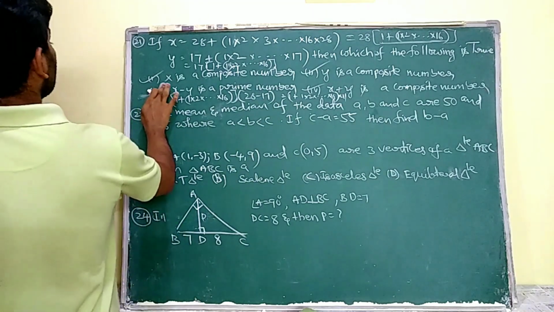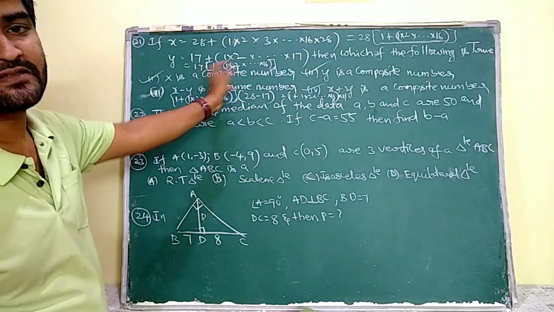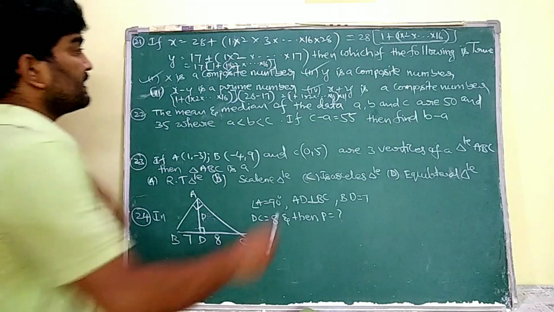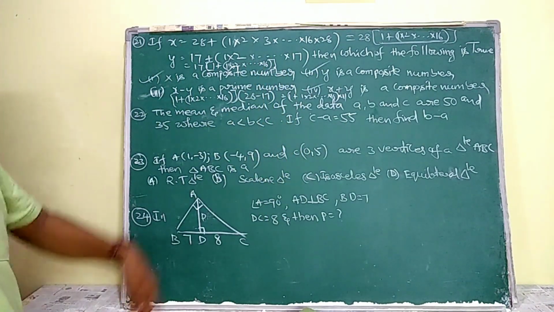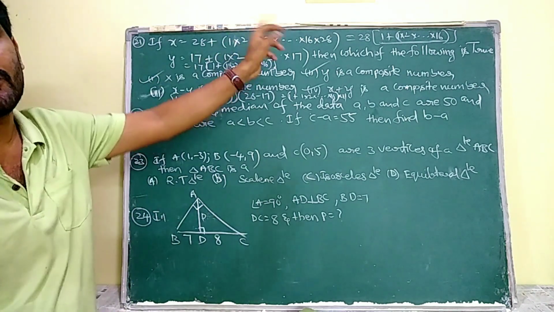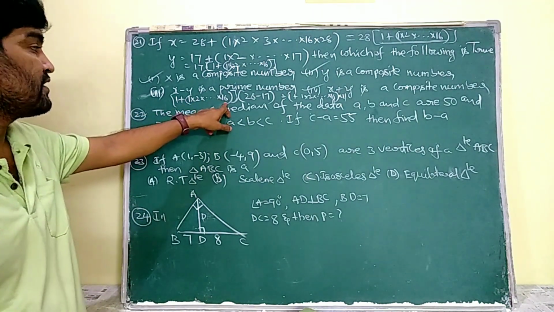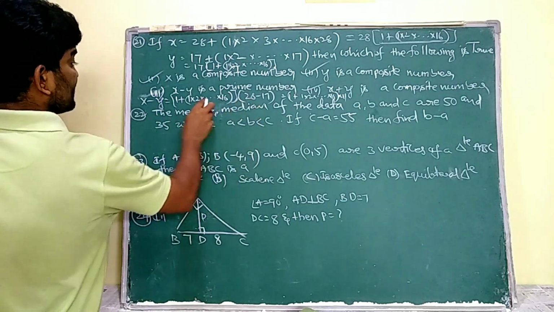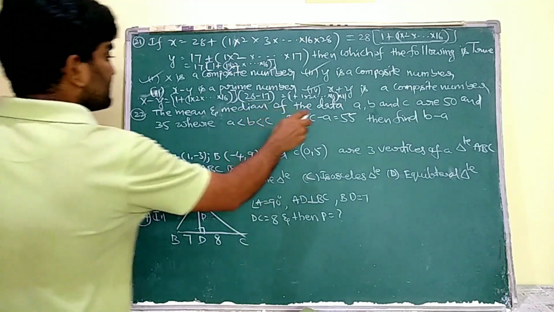Here x plus y and x minus y, two numbers are given. Here x minus y is a prime number, it is saying. So in this, this is x and this is y. If I write the x minus y value, then 1 into 2 into so on 16 plus 1 is common in both the values. So 1 plus 1 into 2 into so on 16 is common. If I take that out, then x minus y is equal to this value into 28 minus 17. 28 minus 17 means it is 11.